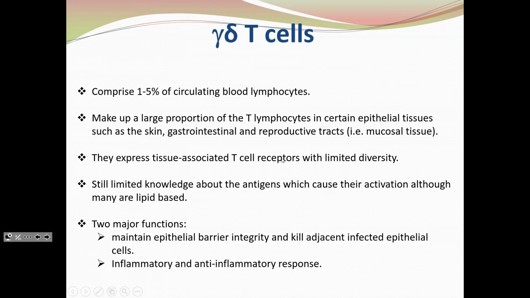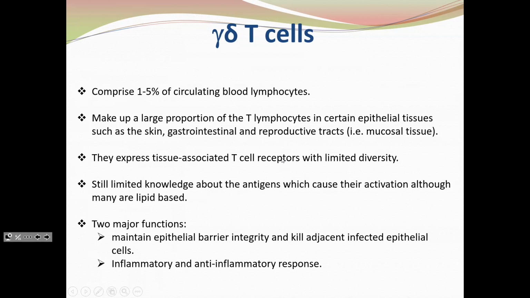The gamma delta T cell receptor is composed of a gamma chain and a delta chain. These cells have a much less diverse recognition compared to the alpha beta T cell receptors. And the antigens that they recognize are predominantly lipid molecules. So they are more directed against membrane or capsule antigens of bacteria.